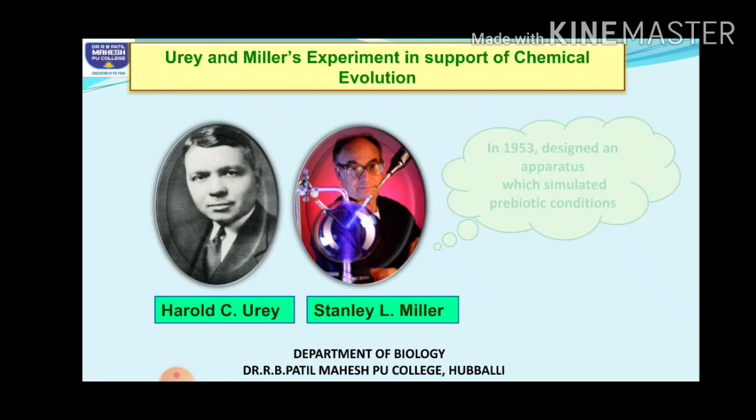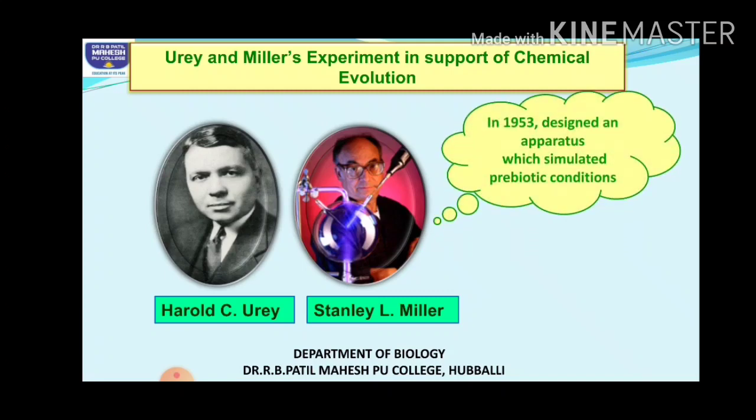So in 1953, they designed an apparatus which simulated the prebiotic conditions. What do you mean by this? Simulated means they created the similar conditions which were present in the primitive atmosphere.